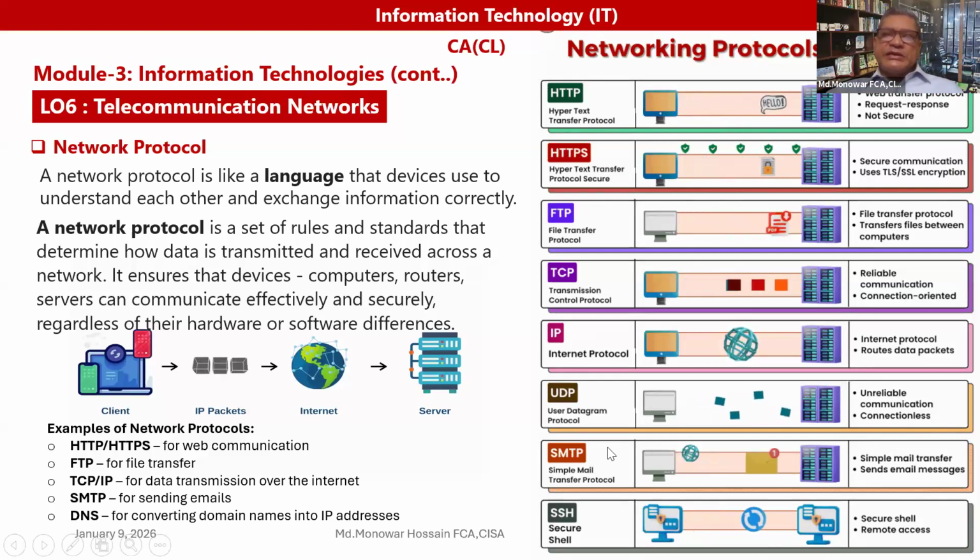Then SMTP, simple mail transfer protocol, is for the email server, sending email messages through SMTP. And SSH, secure shell, means remote access through SSH. So that is the type of network protocols we have. If we see here, this is the client, IP packet, internet, and this is the server.